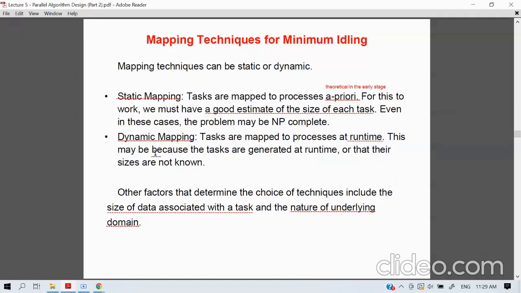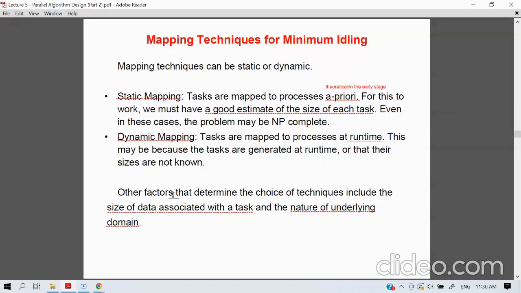We implement dynamic mapping maybe because tasks are generated at runtime or their sizes are not known. If we don't know how large the task is that needs to be processed or executed, we choose dynamic mapping. Then if you know the size of the task, you can choose static mapping.